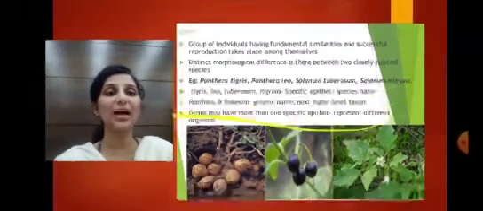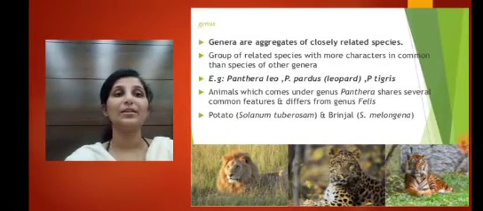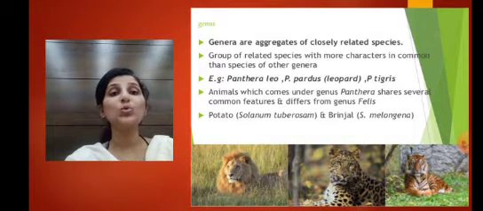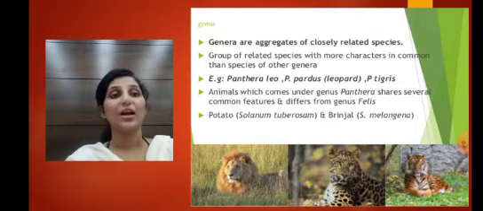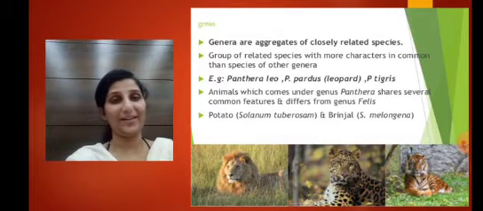Next we learn about genera, or genus. Genera contain closely related species. Genera are aggregates of closely related species, a group of related species with more characters in common than species of other genera.